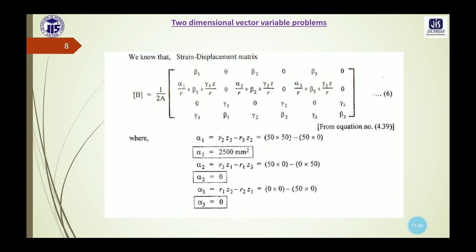So in this formula we are having some notations like alpha 1, beta 1, gamma 1, and alpha 2, beta 2, and gamma 2. Then alpha 3, beta 3, and gamma 3. So how to calculate all these things? The formulas for all these alpha, beta, and gamma we need to remember.